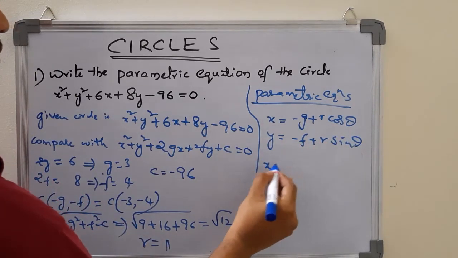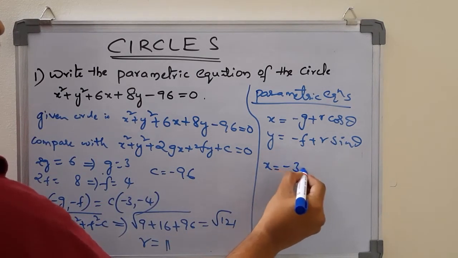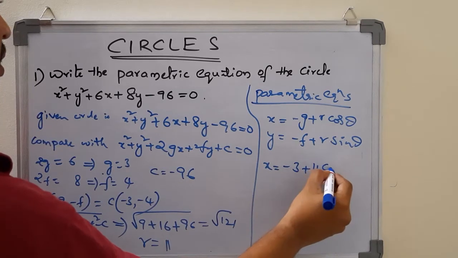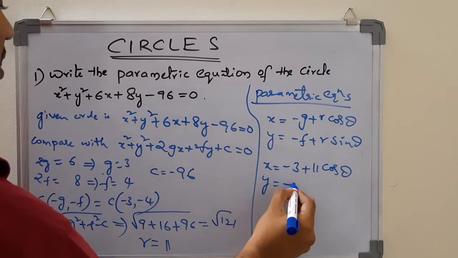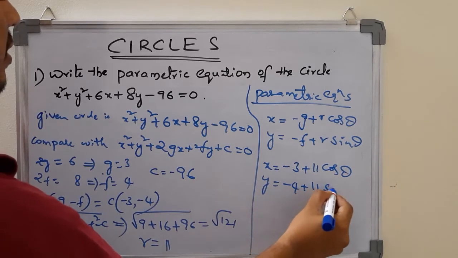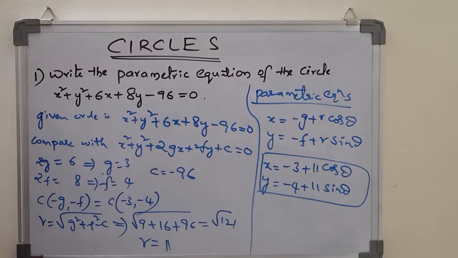So x is equal to minus 3, since the value of minus g is minus 3, plus radius r, which is 11, times cos theta, and y is equal to minus 4 plus 11 sin theta. These two are the parametric equations of the given circle.